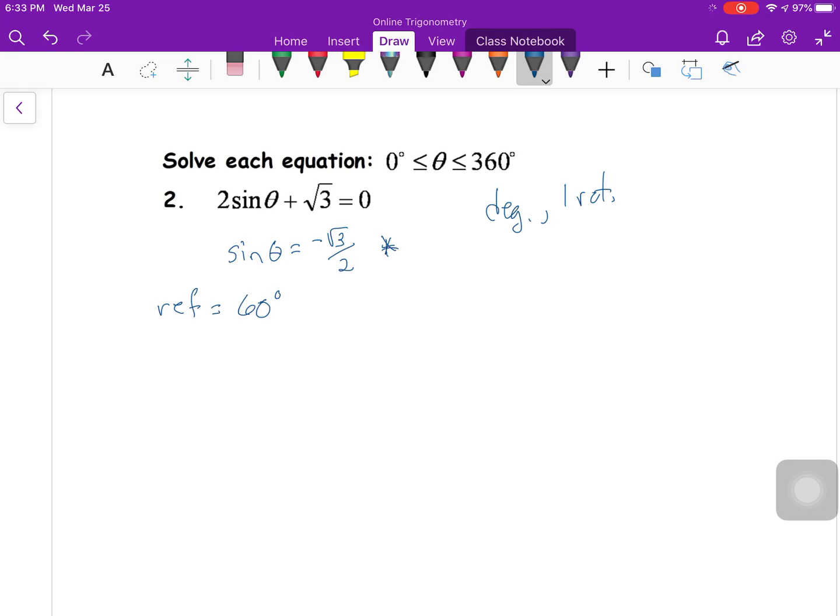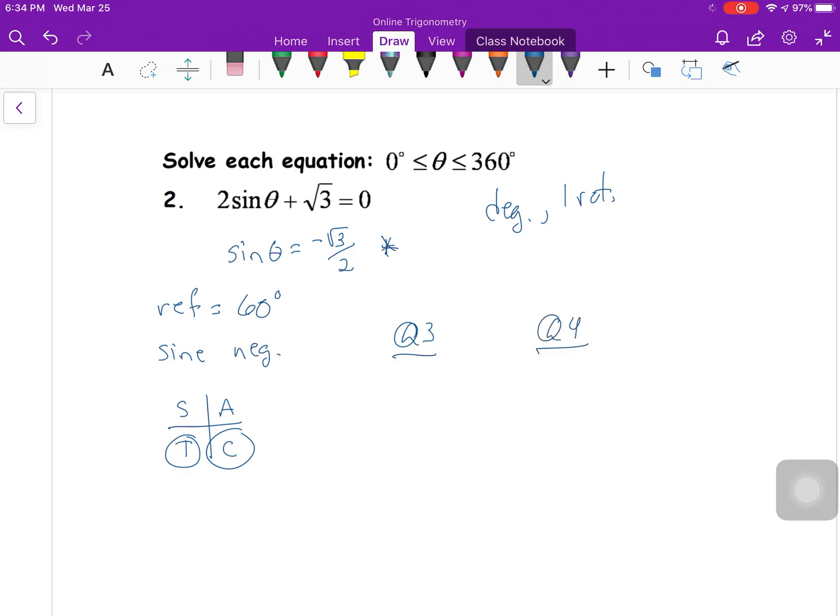Which quadrants are we in? Well, sine is negative. Depending upon how you remember this, we have the little saying, all students take classes. So if sine's negative, that would be in these two. So we're looking at quadrant 3 and quadrant 4.